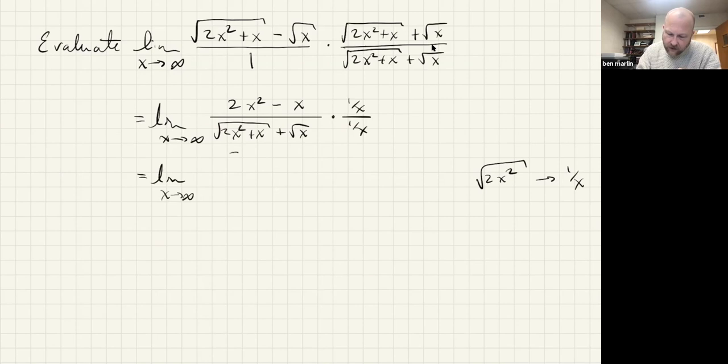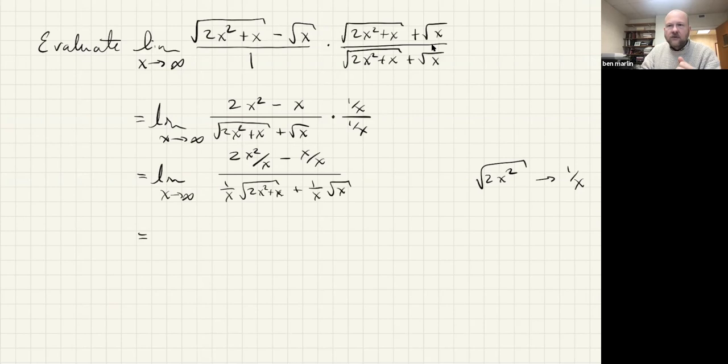The top will turn into 2x squared over x minus x over x. Not too hard to deal with. Oh, the bottom though. Now you've got to think about 1 over x being multiplied by that 2x squared plus x. And you also have to think about 1 over x times the square root of x.